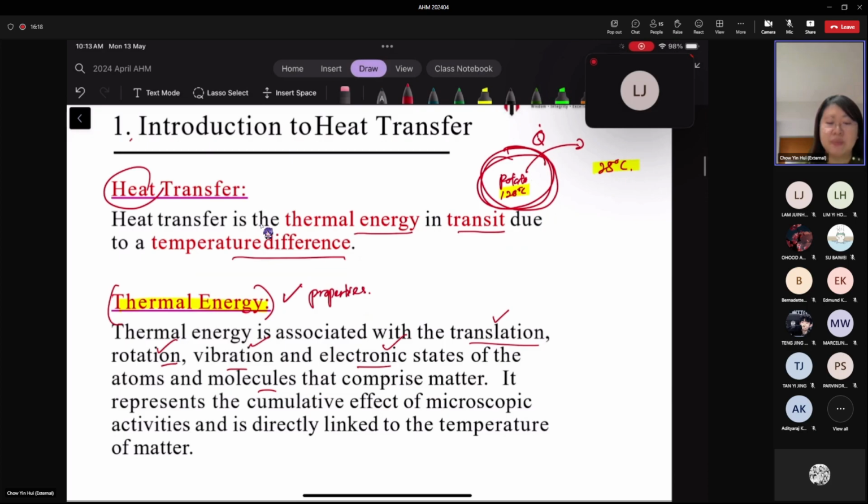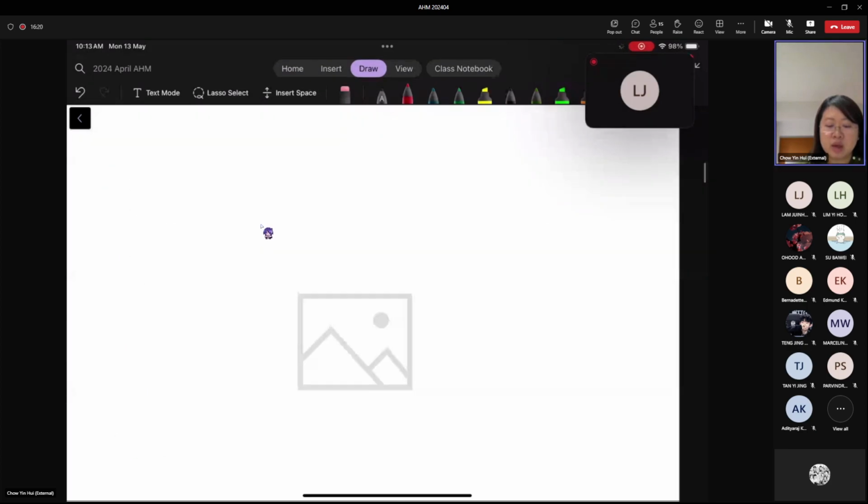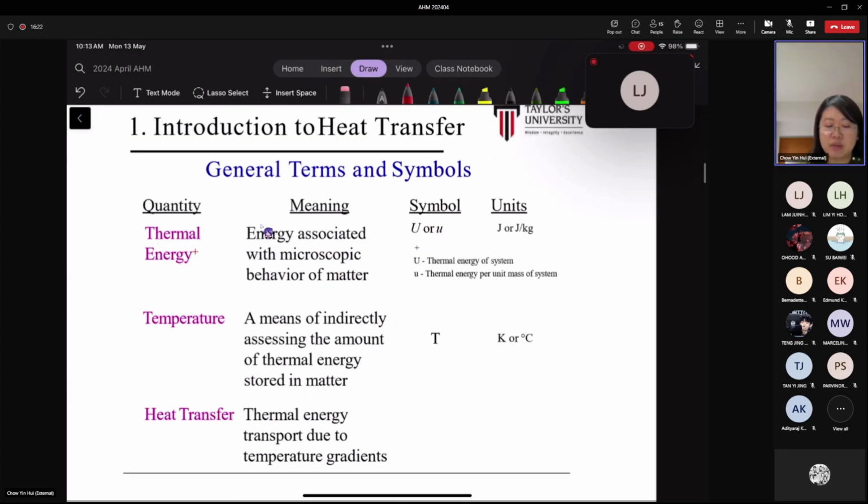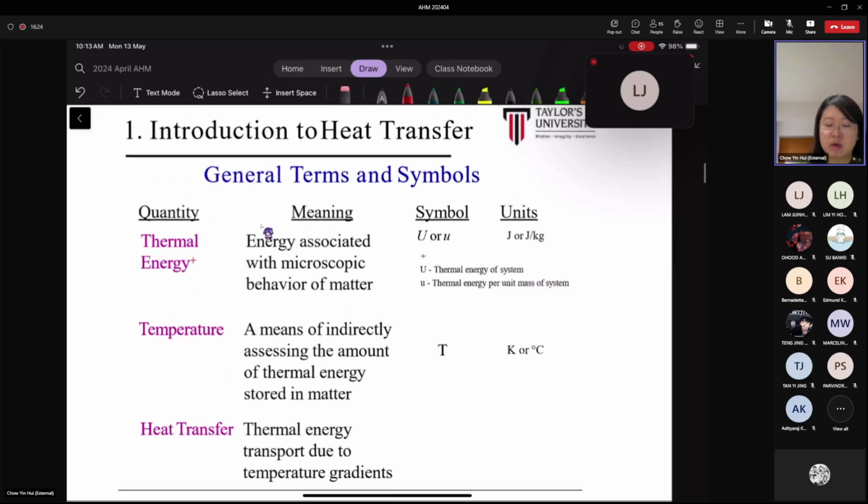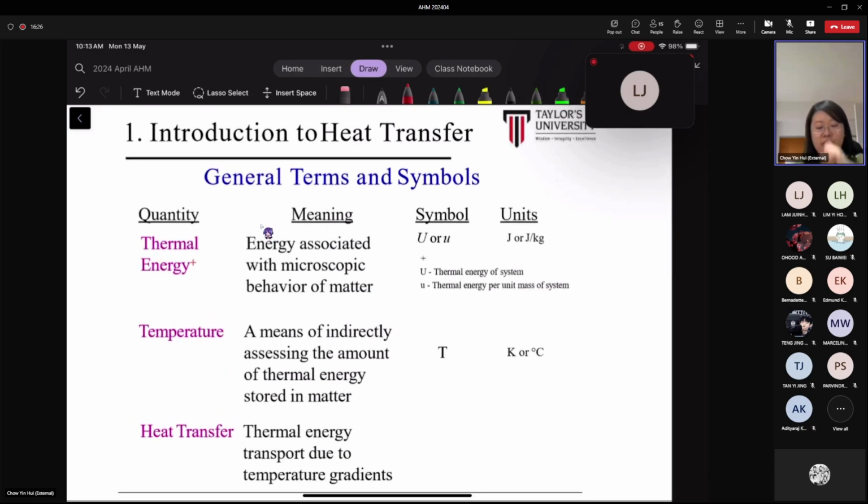Now let's look at some of the symbols so that we synchronize, so that everyone will use the same symbol for this module. When they talk about thermal energy, for some reference, you'll notice that they use the big U. Don't confuse this with the overall heat transfer coefficient.